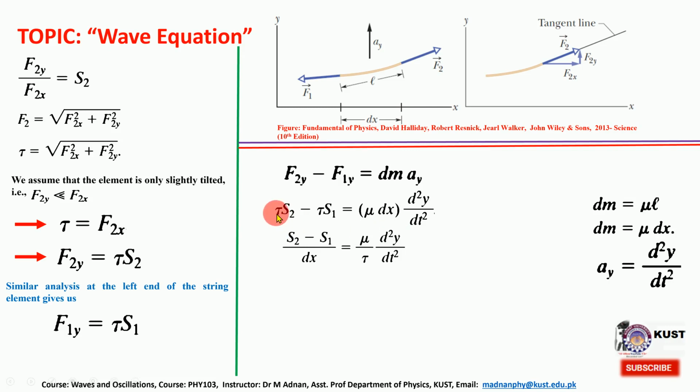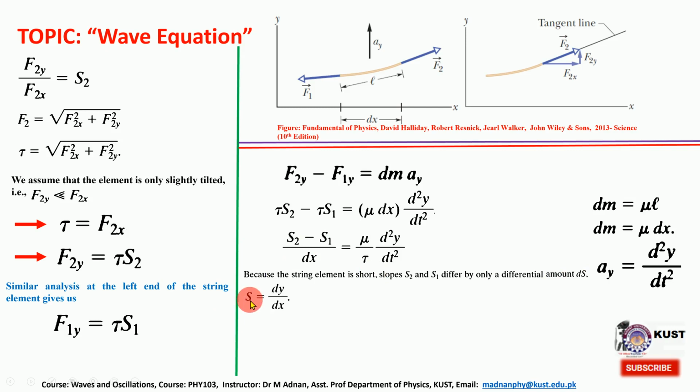Now, taking this tension common across this equation, this tau will appear here, and the dx will come here, so that this S2 minus S1 can be expressed as dS.